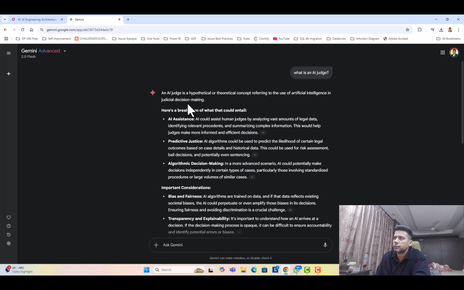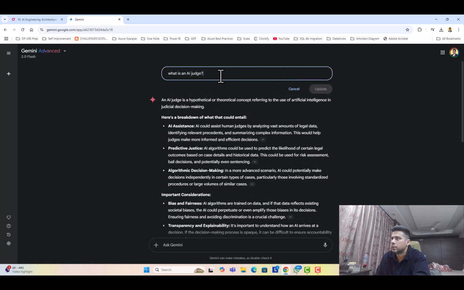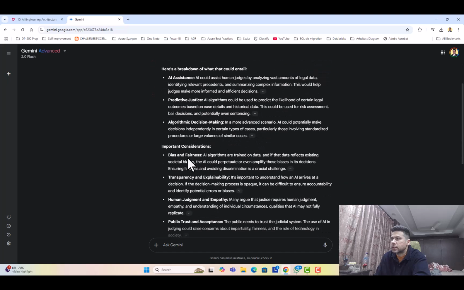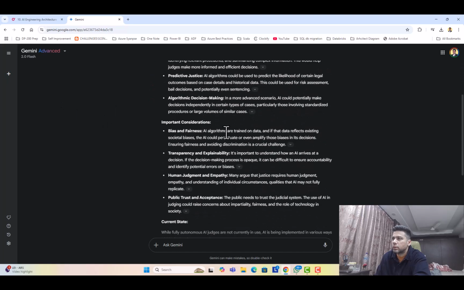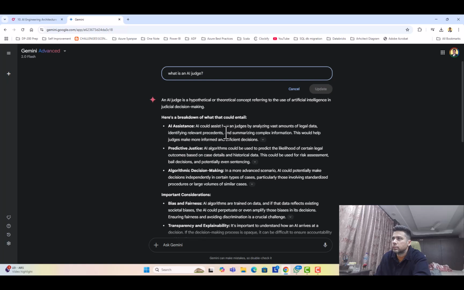Now, I think we are not talking about judicial decision making here. We are not talking in terms of a judge in the judge sense. Maybe the answer that has been generated here, I think it's thinking that I'm asking about an AI judge as in a judge in the real world, where you have lawyers and you have law.